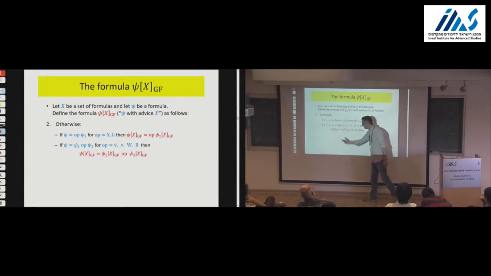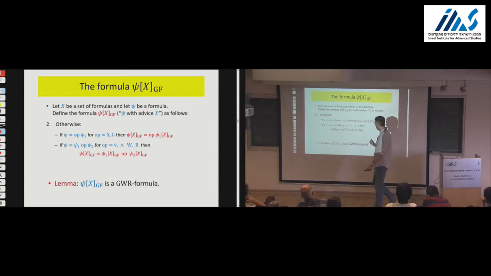So the result of obtaining the advice for psi 1 and psi 2 is the result of applying the advice to psi 1 and the result of applying the advice to psi 2.